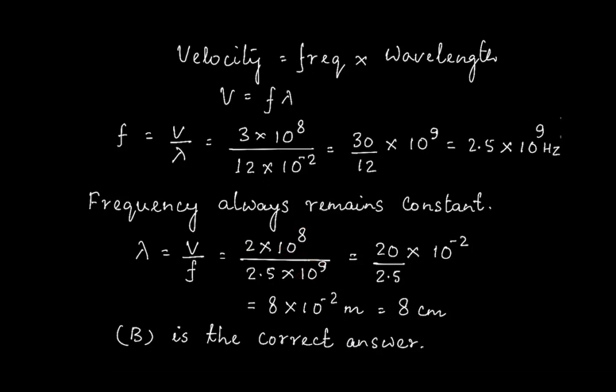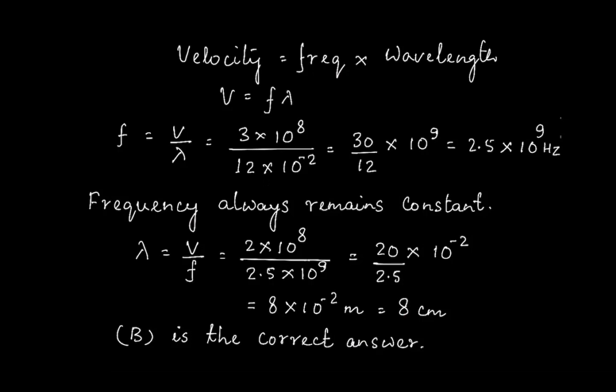Applying the laws of exponents, it is 10 raised to the power 7 divided by 10 raised to the power 9, which gives you 10 raised to the power negative 2. And 20 divided by 2.5 gives you 8. So it is 8 times 10 raised to the power negative 2 meters, which is 8 centimeters.